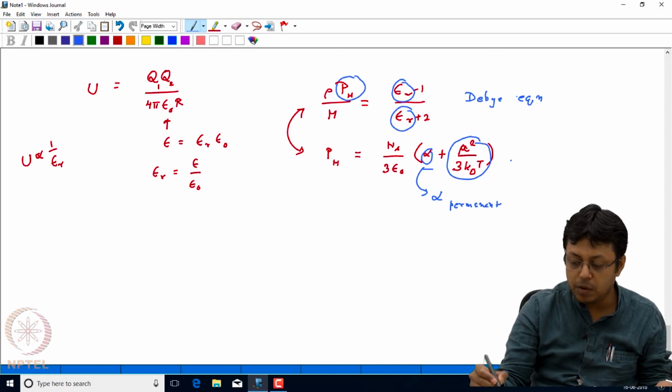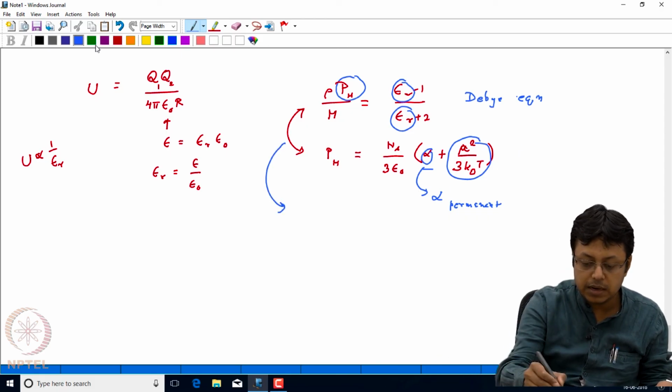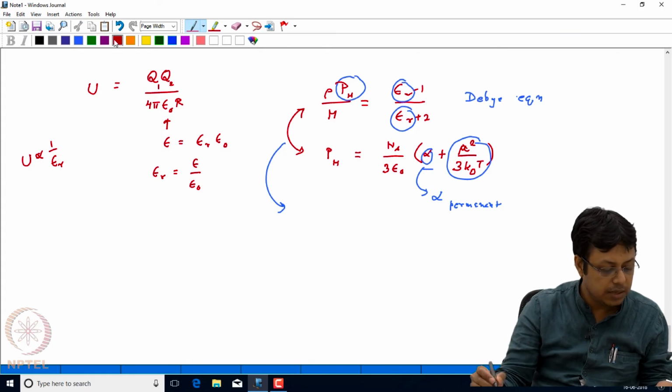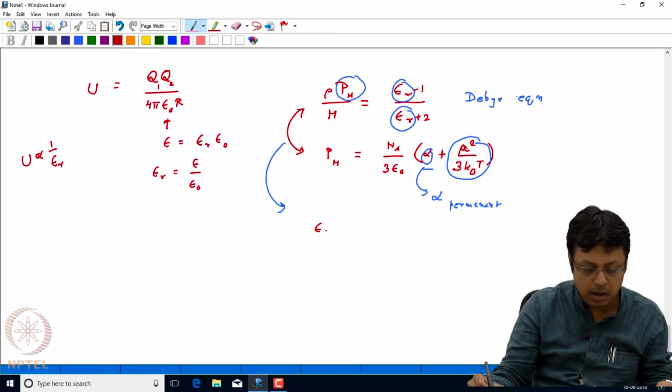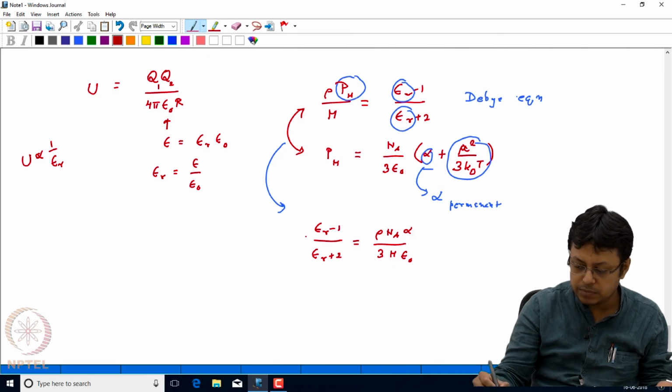And then if we combine these two, we can get an equation which is something like epsilon r minus 1 divided by epsilon r plus 2 is rho times Na times alpha divided by 3M into epsilon 0.